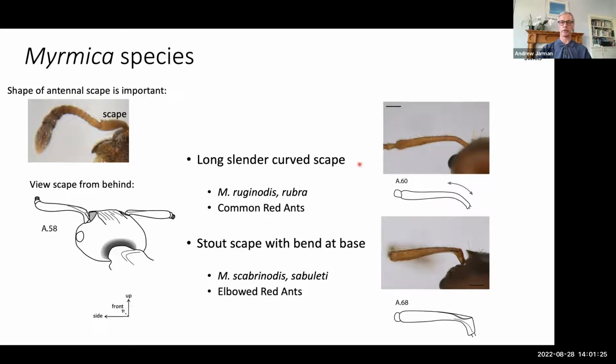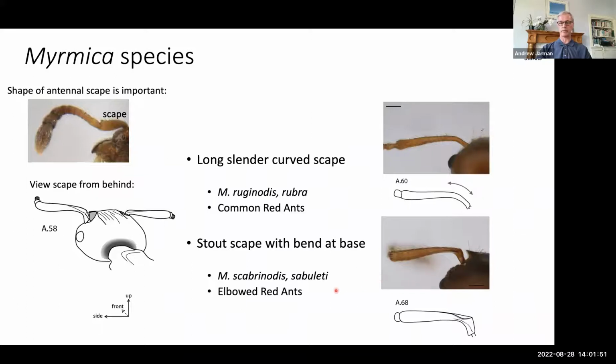So that's Myrmica ruginodis and rubra. All the other Myrmica species, including these two common species here, scabrinodis and sabuleti, have a stouter scape, and it has this abrupt bend at the base here. For this reason, they're sometimes known colloquially as elbowed red ants, as opposed to common red ants, but they're also just as common as the other two species above.